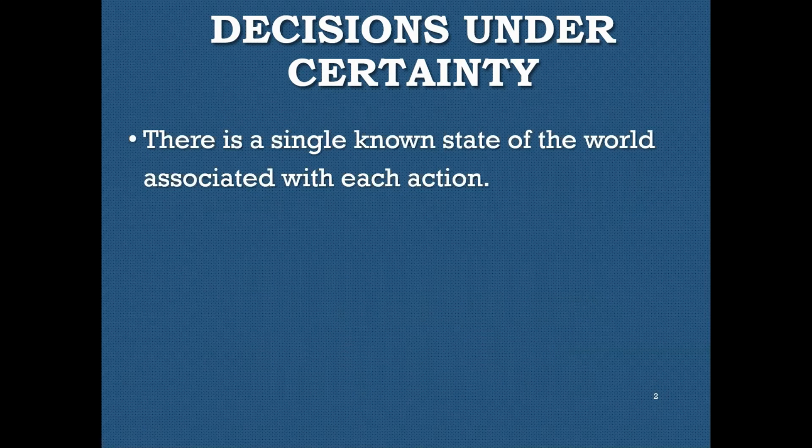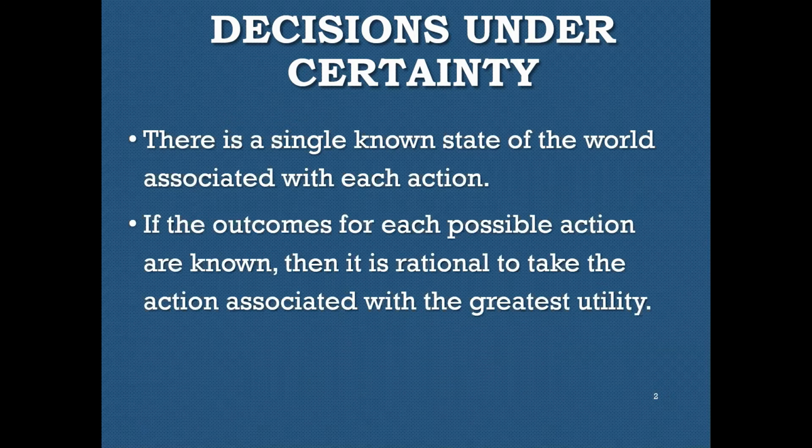Now, decisions under certainty are fairly straightforward. There's a single known state of the world. There's a single outcome associated with each action that you are considering. And in this case, if the outcomes for each of the possible actions are known, then it's rational to take the action associated with the greatest utility.